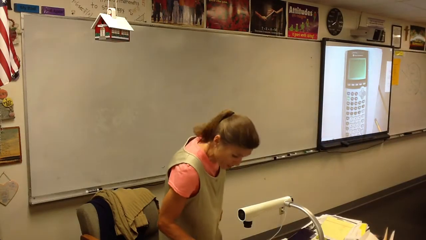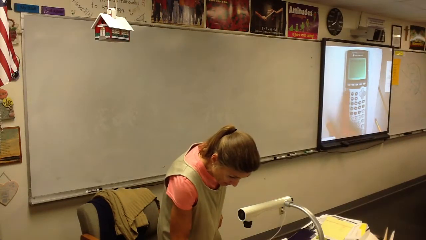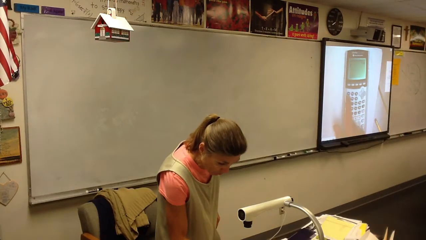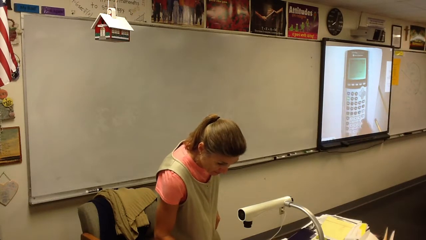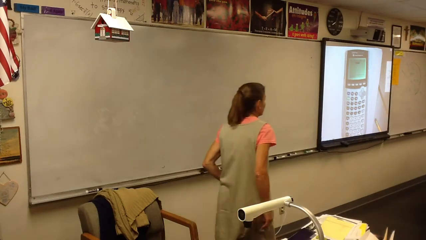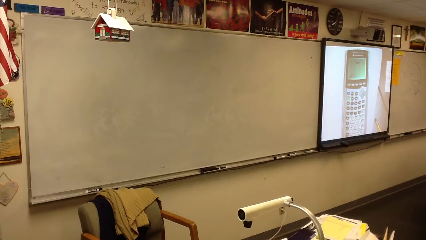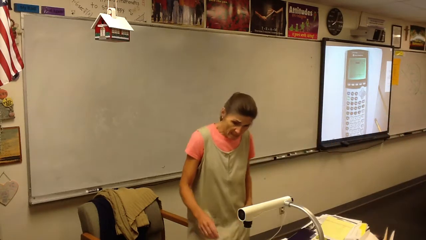There it is, L sub 1, comma, L sub 2. And it's done. So now when I go back in, now my columns are clear. You can also just type the new data in on top of the old data. You can do that.